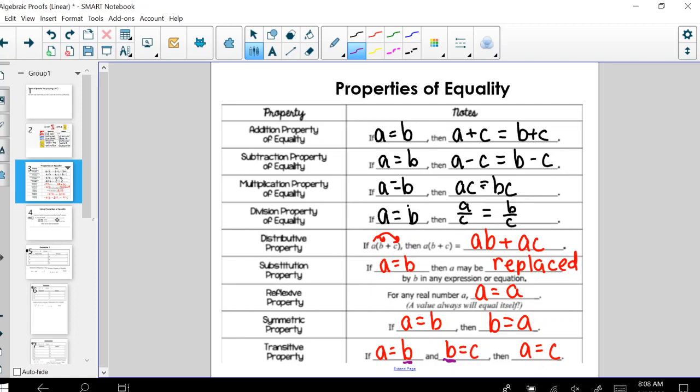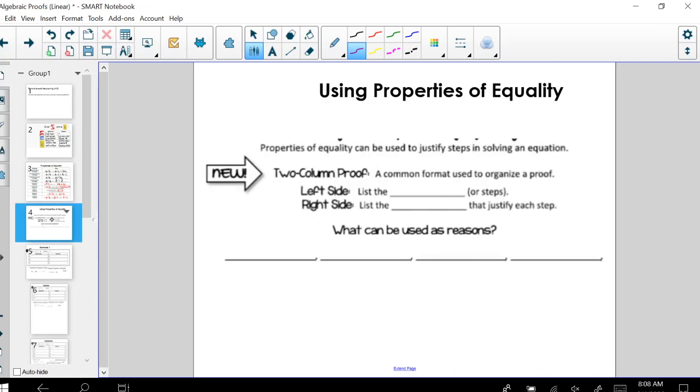So this would be an introduction to what we can use then in our two-column proofs.